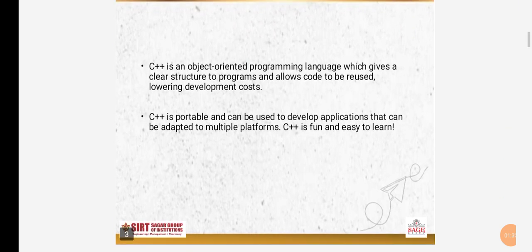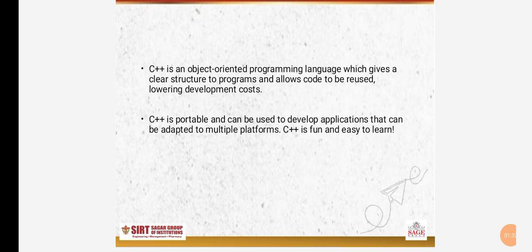Now, C++ is an object-oriented programming language, which depends on objects. Objects are real-world entities which have certain characteristics and behavior.